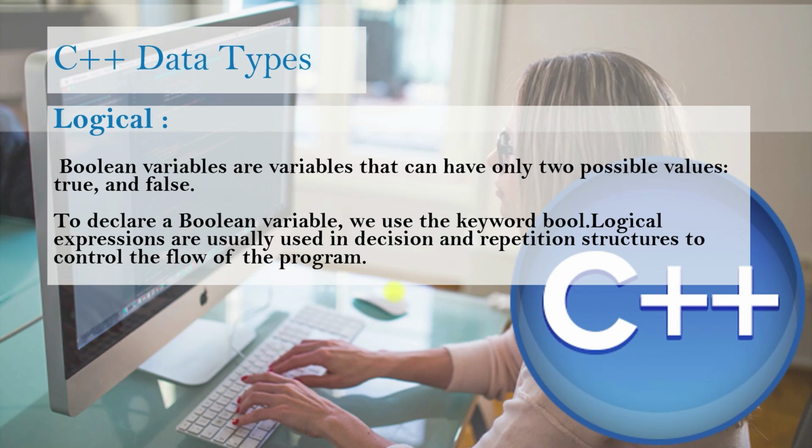It means if you make any program in which you use any repetition structure or any decision structure, there you use Boolean values. It means the exact usage of Boolean variables is in decision structures or in repetition structures.